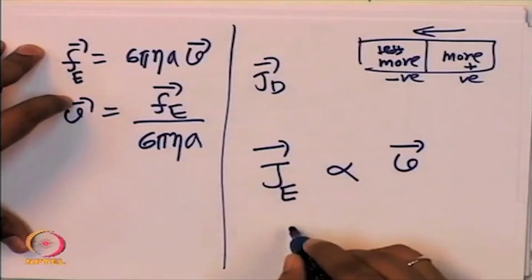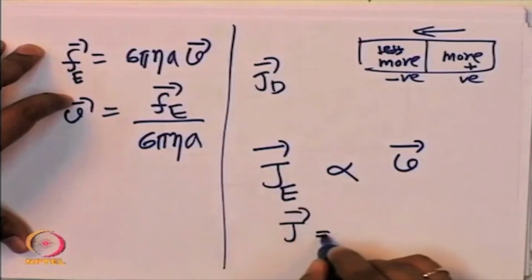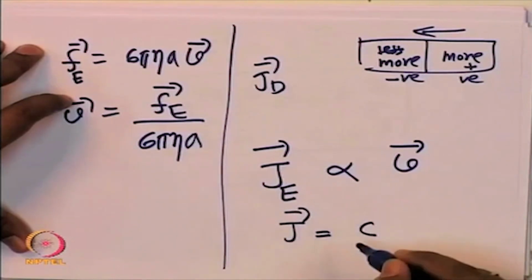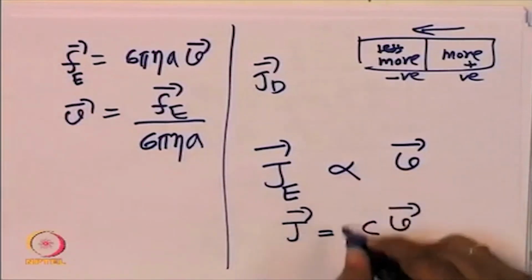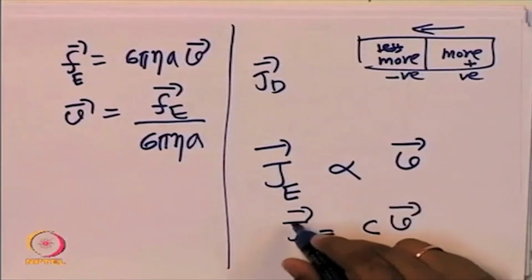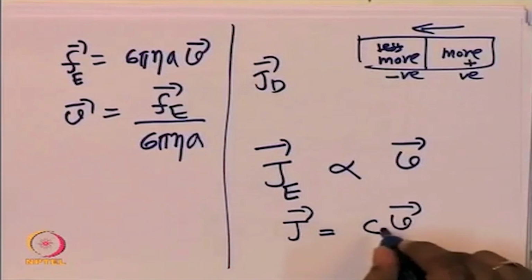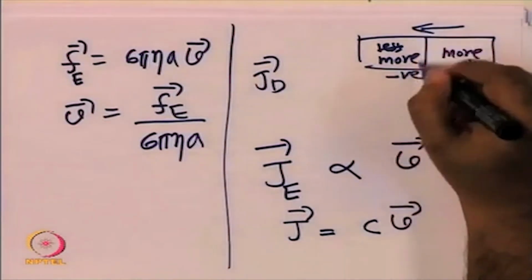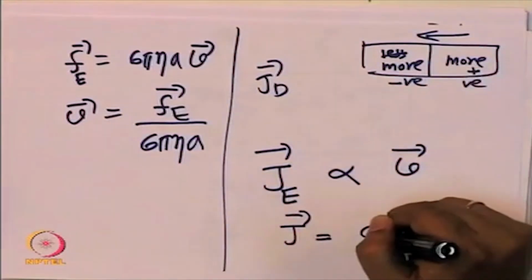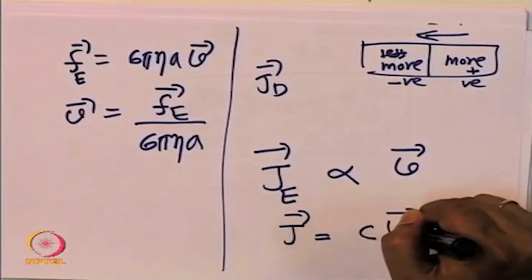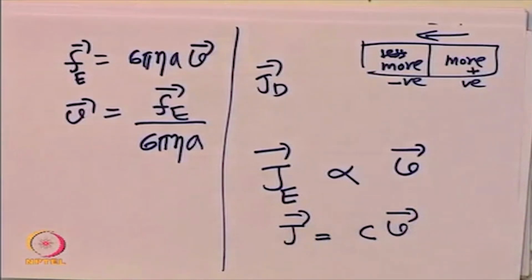By dimensional analysis, the proportionality constant has to be concentration, so J is C times v, where C is the concentration at that point. At any point, the flow will be the concentration at that point times the velocity at that point.